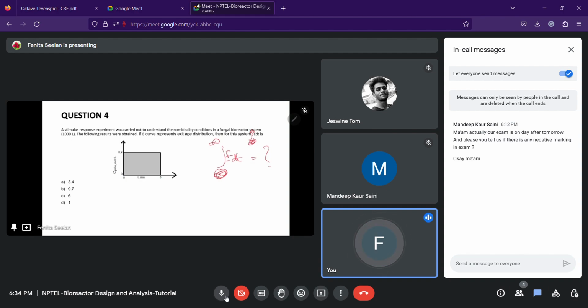It is the distribution of the times for the stream of fluid leaving the vessel, also called the exit age distribution E, or the residence time distribution. The RTD is represented in such a way that the area under the curve is unity, meaning the integral of E dt from 0 to infinity is always 1. So the answer would be 1.